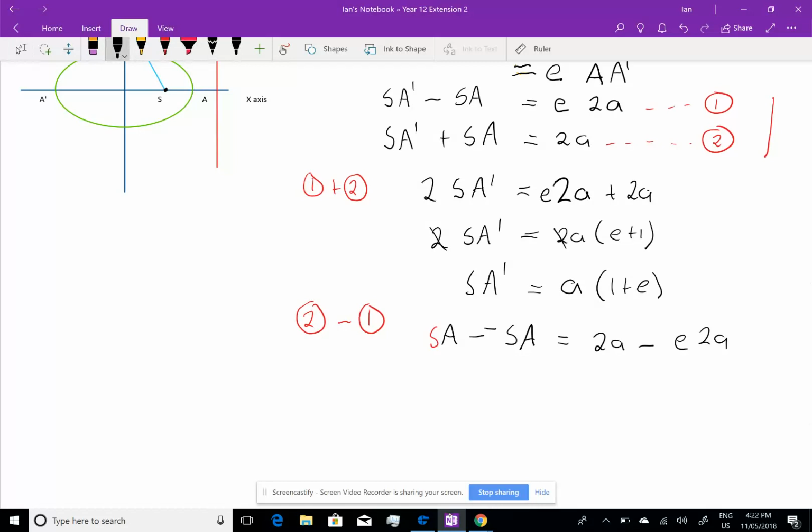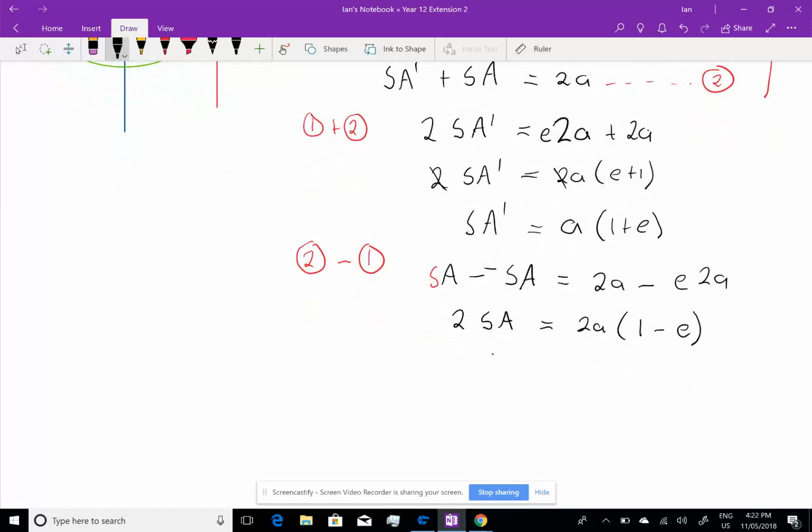Well, that becomes SA plus SA, so I get 2SA. And here, I'll take the 2A out again, and I get 1 minus E. I'll divide by the 2, and I'll get SA equals A outside of 1 minus E.